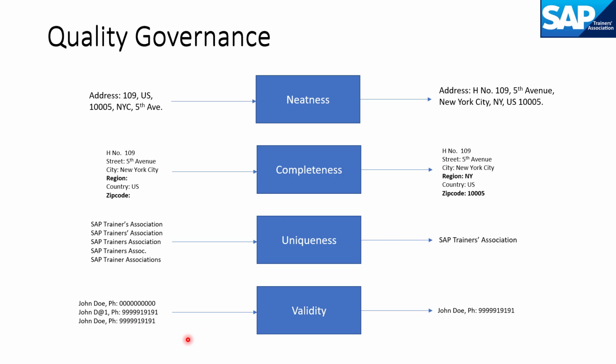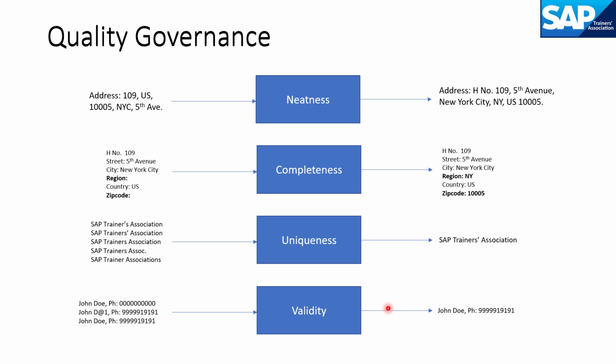The system has a way to understand which one is invalid. Your phone number of all zeros is invalid. Your last name has a special character, that is invalid, but the third entry is completely valid and it will let only the last entry pass through.